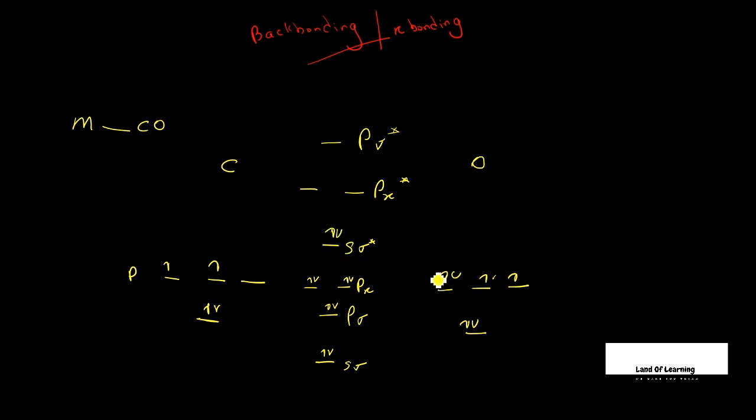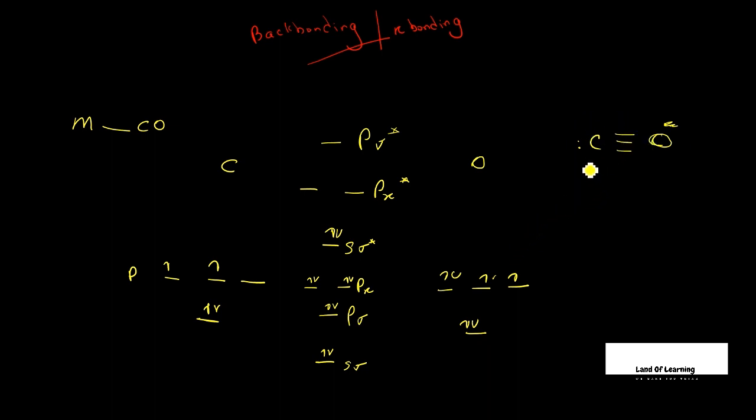Now this is our molecular orbital picture for carbon monoxide. If I draw the carbon monoxide atom over here, right? So here we have two electrons and two electrons over here. I will not draw electrons on oxygen because we are more concerned with carbon.